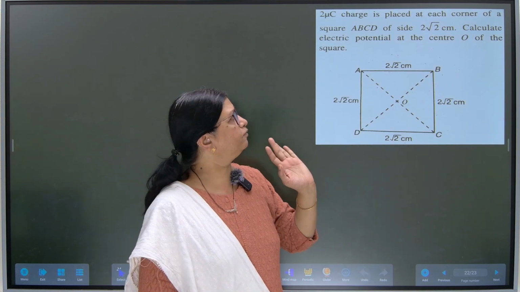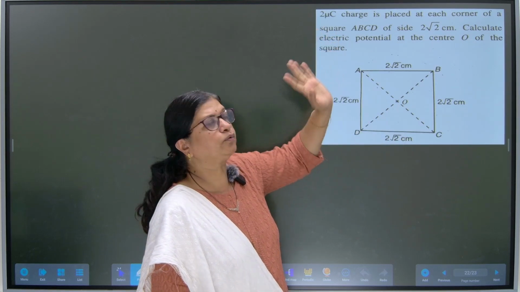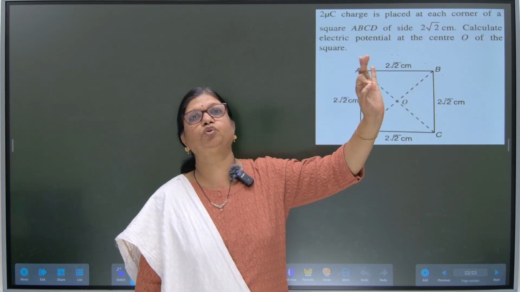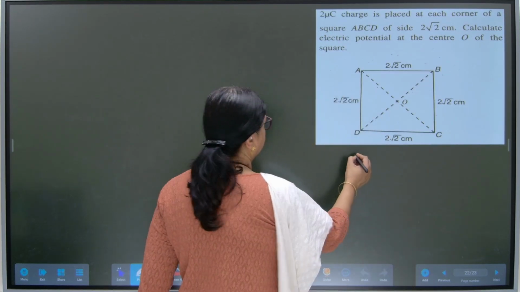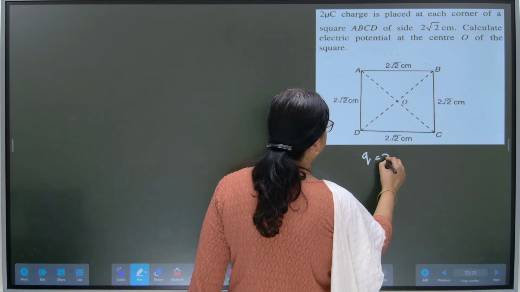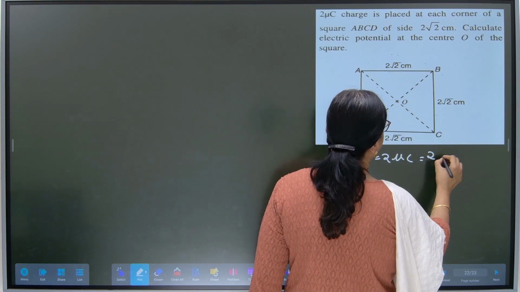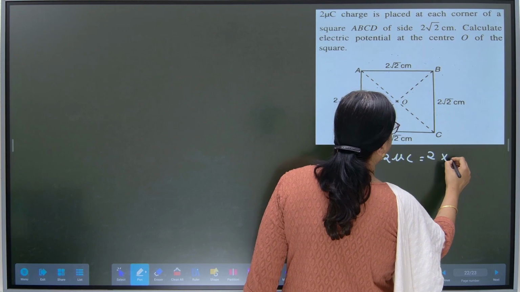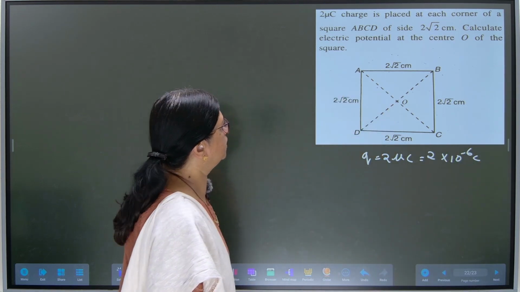Now here we have 4 charges placed at ABCD. Value of each charge is same, 2 microcoulomb. So now let us take Q is equal to 2 microcoulomb. Then in the last we will substitute once we get the answer, 10 raised to minus 6 coulomb. Do not forget to do the conversion.